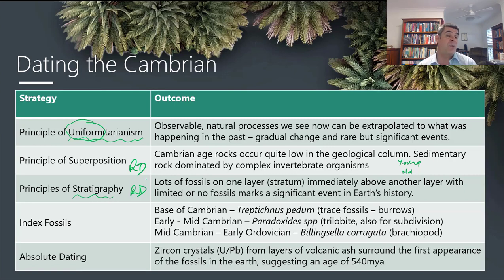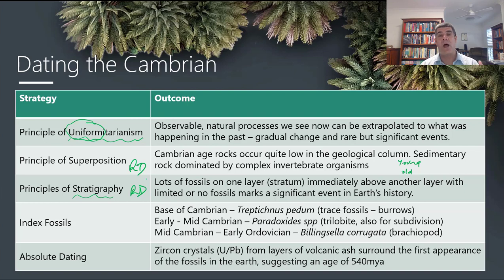But if the Burgess Shales were the only fossil site that contained Cambrian rocks and Cambrian fossils, then it would be difficult for us to make any conclusions about anywhere else. But we do find Cambrian fossils in lots of different places, and we correlate them. We look at the layers, we look at the fossils that are in the layer, and we try and work out how similar they are to others.